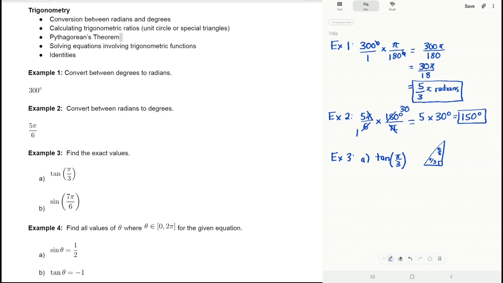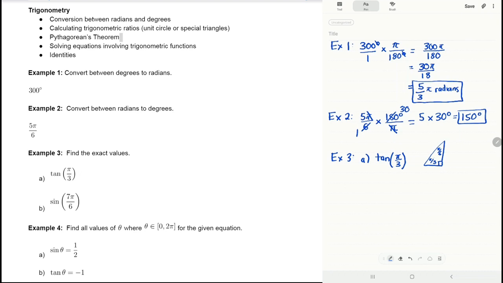Now, to remember what the lengths of the sides of this special triangle are, I like to look at the smallest angle between pi over 6 and pi over 3. So pi over 6 is the smaller angle. This is equivalent to 30 degrees, and pi over 3 is equivalent to 60 degrees.